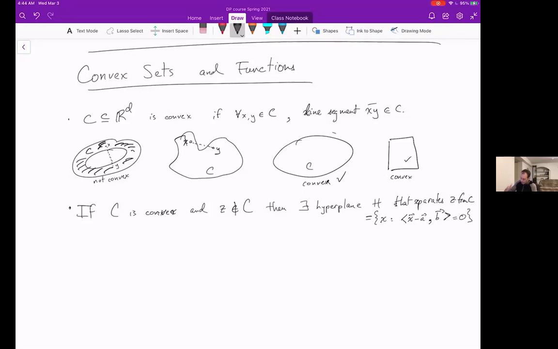So it's a high dimensional space of dimension d minus 1. So if C is a convex set and Z is outside of the set, I can always find a line that divides Z from the set. And notice that's not true for non-convex sets. If I take this Z, there's no way to separate it from the set with a line of infinite length.